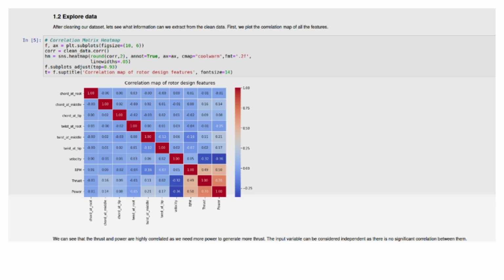Now we can draw other conclusions: if we rotate the rotor more, of course we will need more power, and we will end up with more thrust. And also if we go faster, that will reduce our power and will reduce our thrust. So this is coming from the aerodynamics, and these are all expected phenomena.